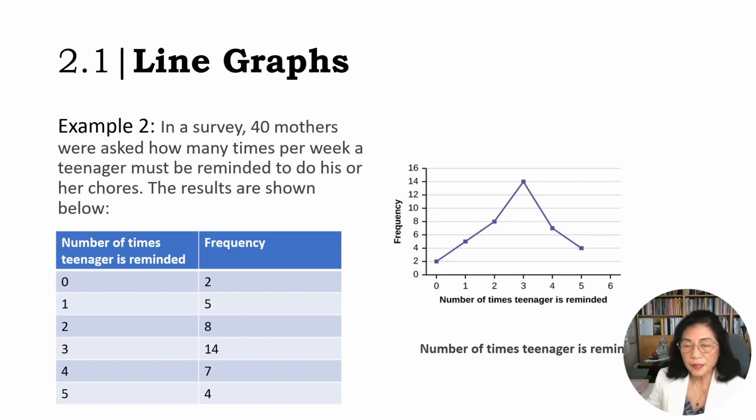On the vertical line are the frequencies. So we need to write down the number of times teenagers are reminded, and also put the frequency next to the vertical line.